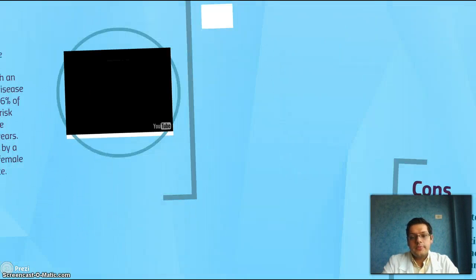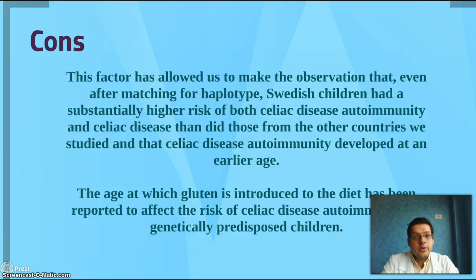So, continue. Cons. This factor has allowed us to make the observation that even after matching for allotype, Swedish children have a substantially higher risk of both celiac disease autoimmunity and celiac disease than those from the other countries we studied, and that celiac disease autoimmunity developed at an early age.